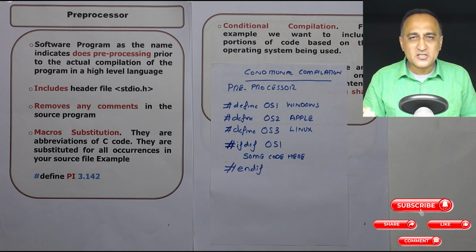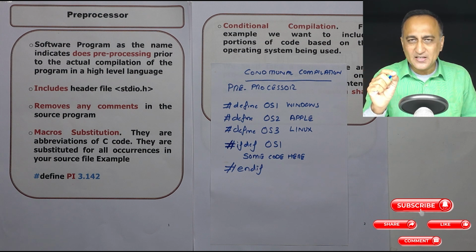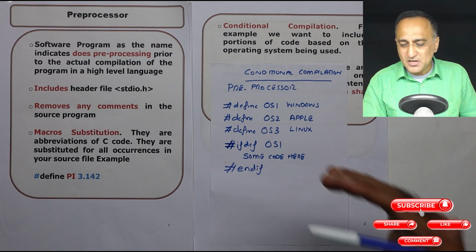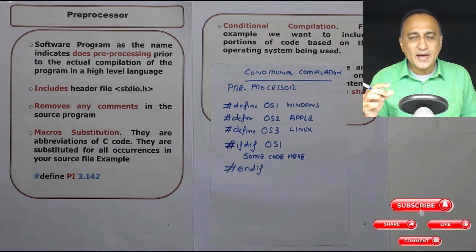What I mean by conditional compiling is that some code is unique to the operating system you are working on. So you need to send only that code to the compiler, because C may have certain restrictions, such that the code works differently on Windows, differently on Linux, differently on Unix. So it says, based on the operating system, only include that part of the code as a part of your program and send it to the C compiler.